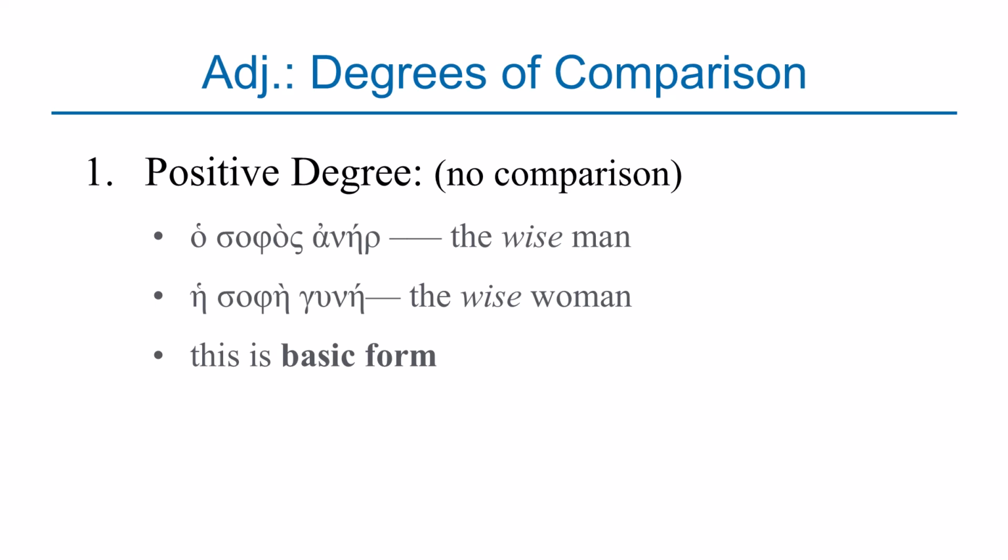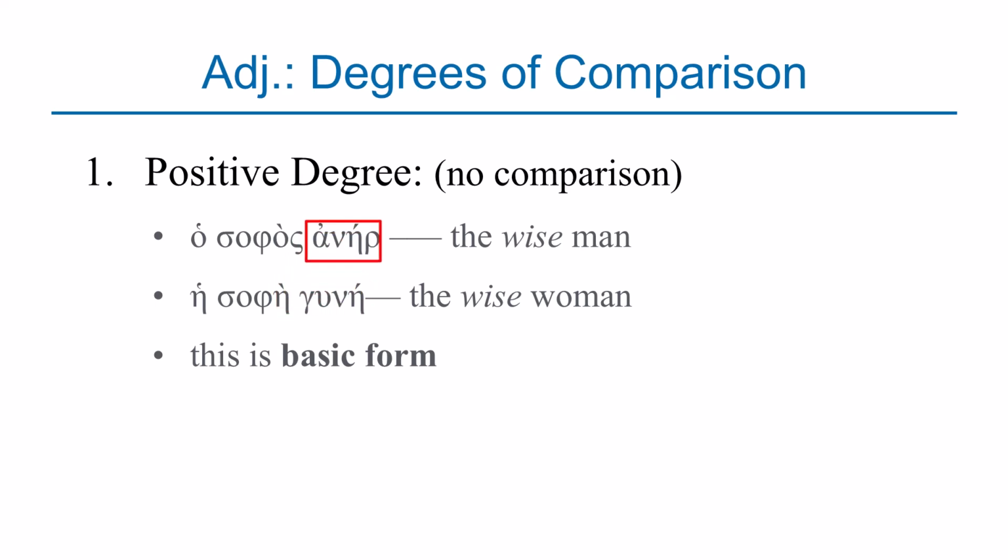Another example is, he sophe gune. He sophe gune, meaning the wise woman. Gune means woman. Aner means man, gune means woman. Sophe again comes from the word sophos, meaning wise. You can see that when you're talking about a feminine noun, even the adjective is in the feminine.